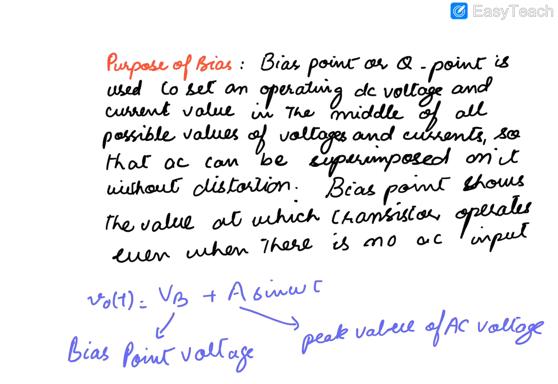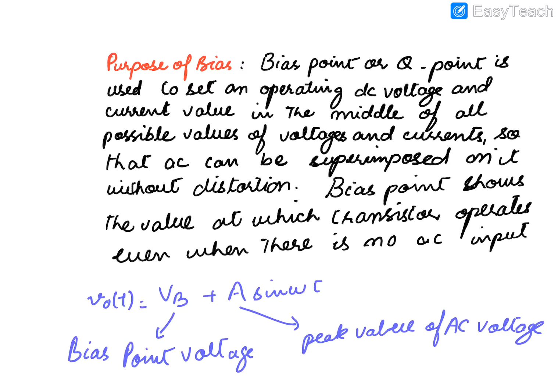A Q point or operating point is basically a voltage and current value in the middle of all possible values of voltage and currents, so that the AC signal can be superimposed on that DC value without any distortion or clipping.